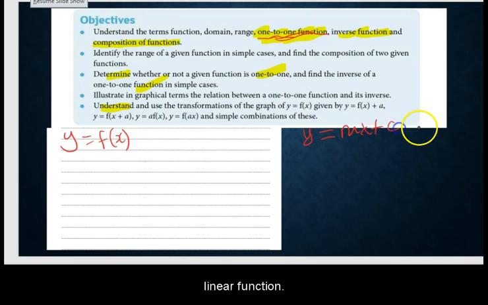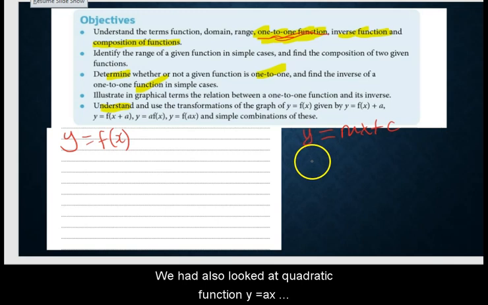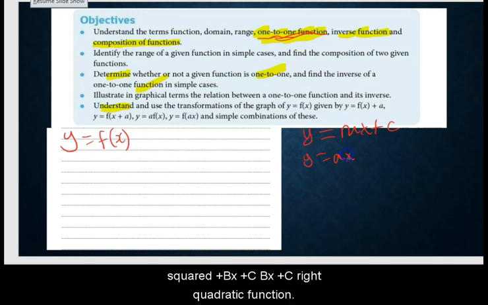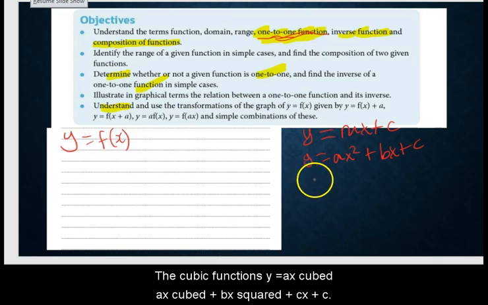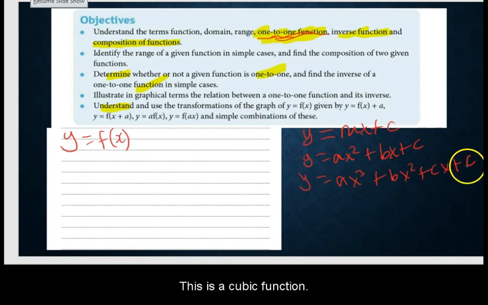We had also looked at the quadratic function, y equals ax squared plus bx plus c. We looked at the cubic function, y equals ax cubed plus bx squared plus cx plus d.